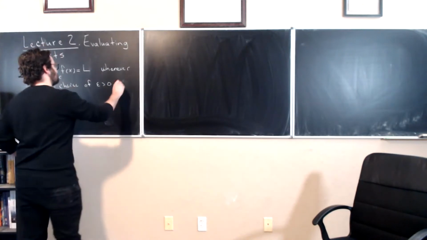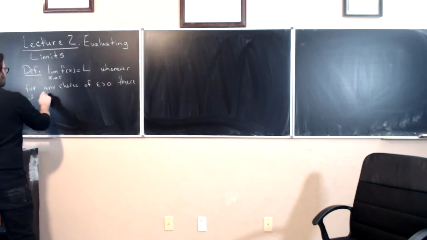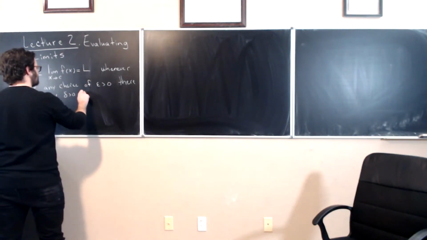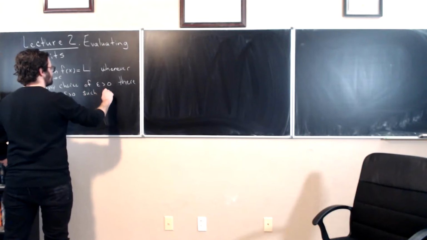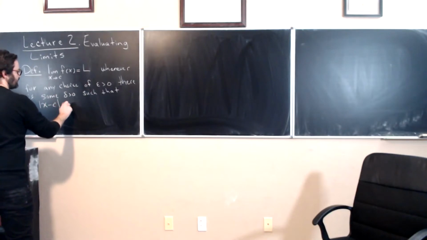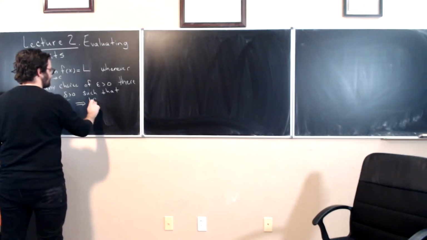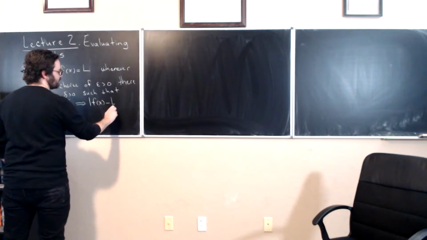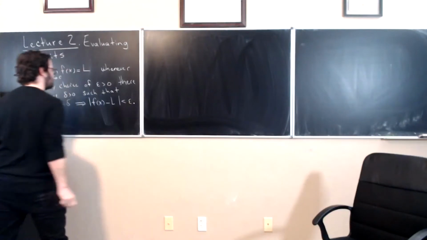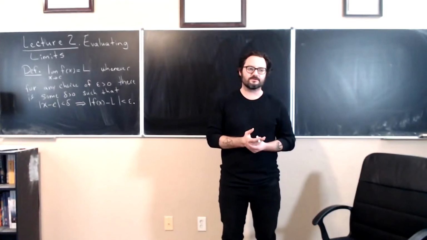So for any choice of epsilon greater than 0, there is some delta greater than 0 such that if x is within distance delta to that number c, then the distance from the function to the number L, which is called the limit, is less than epsilon. Okay, that's just recalling the very last thing that we covered in the previous lecture.